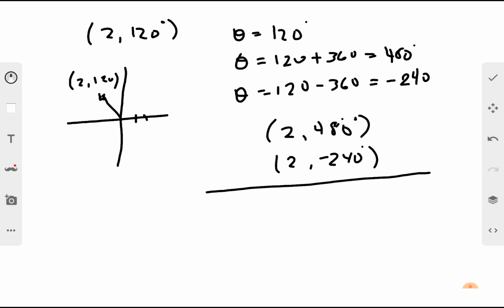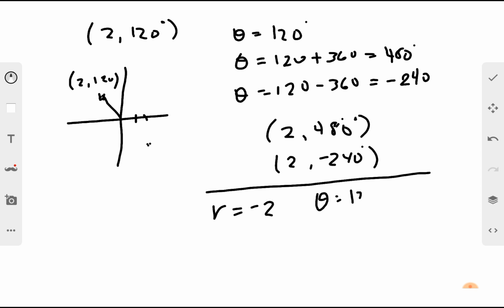Now, what if we want r to be negative 2? What angle would we have to have for r to be negative 2? All right, so we want the angle that is directly opposite 120. So we're going to add or subtract pi, sorry, 180. We're in degrees now.